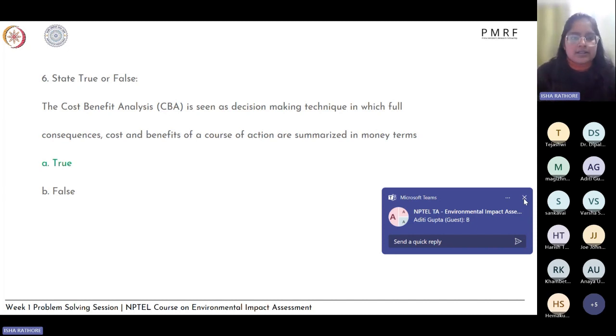So look at it from a more quantitative perspective, where you see the cost of each of these, that is both the positives and negatives, in monetary terms. So this definition is correct. So A, true, is the correct answer.